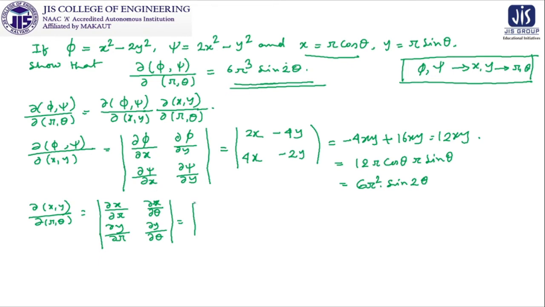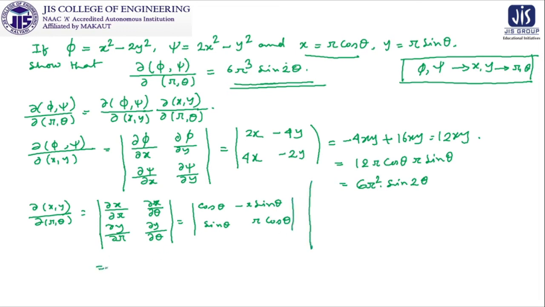It will be simply cos theta. Then ∂x/∂theta, r cos theta will be converted to sin theta with a minus sign. Similarly, this one will be sin theta and this one will be r cos theta.